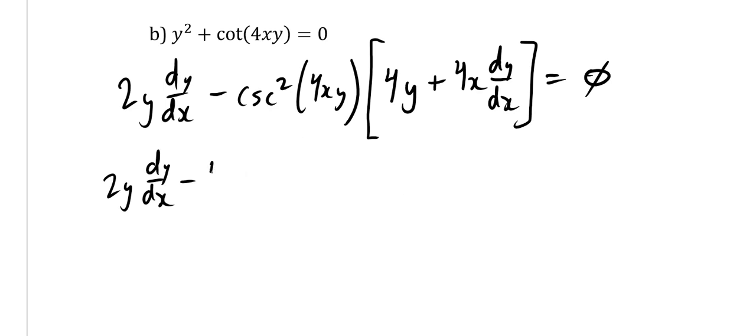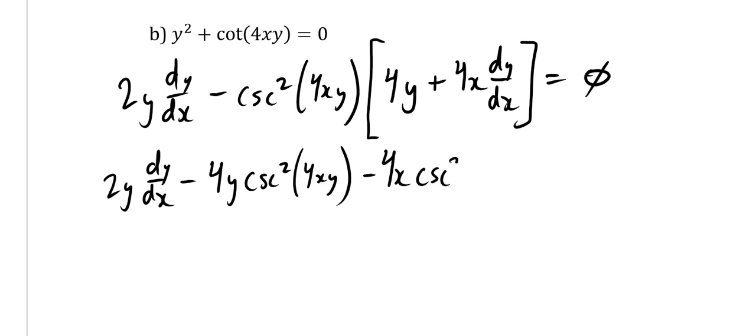So I've got 4y cosecant squared 4xy minus 4x cosecant squared 4xy times dy by dx.